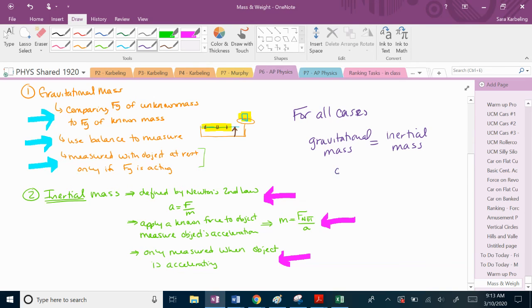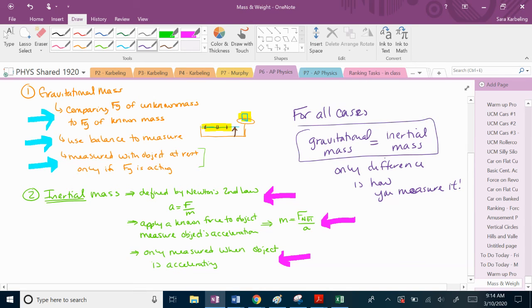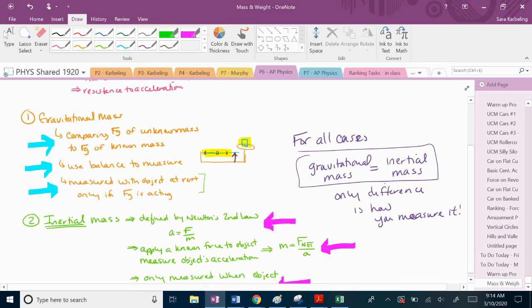The only difference is how you measure it. So again, I don't want you to get too worked up because the quantities are exactly the same, okay? The technique for measuring is where things kind of diverge, okay? So there you go, gravitational and inertial mass.